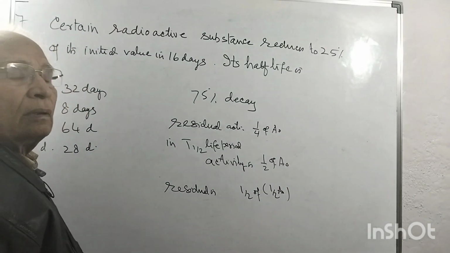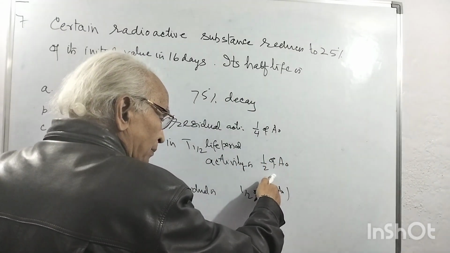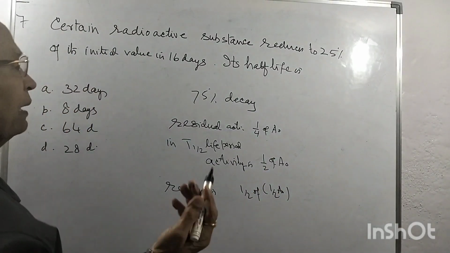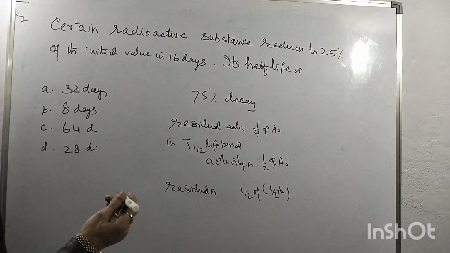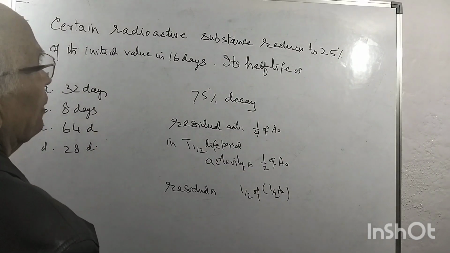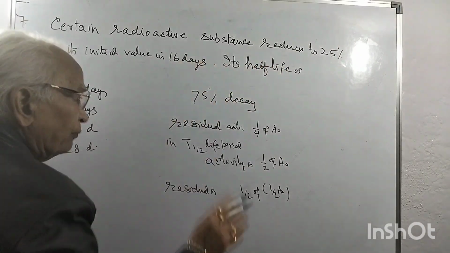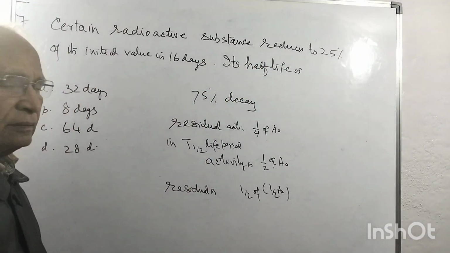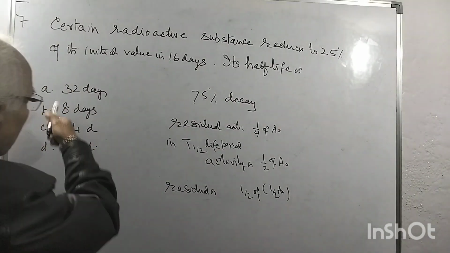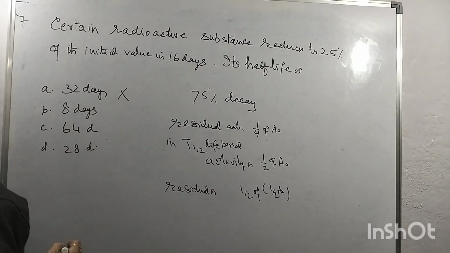So what will be the half-life? The activity is 1/4 in 16 days. In this, it cannot be 32, it is very large.